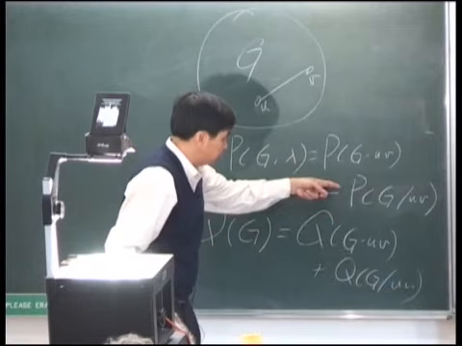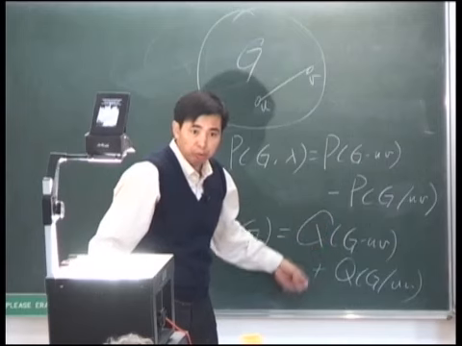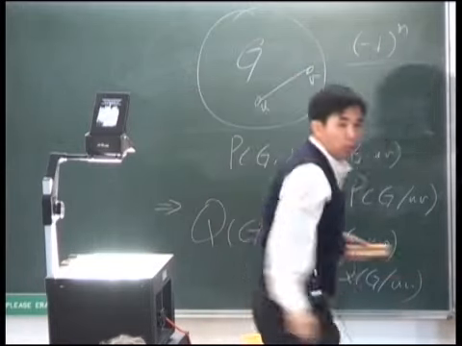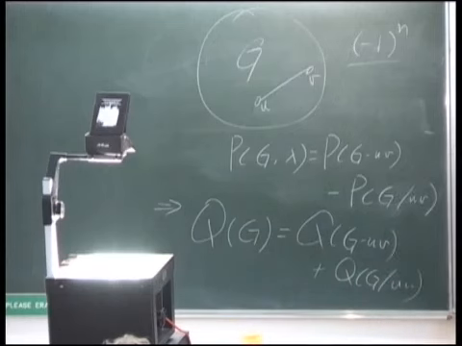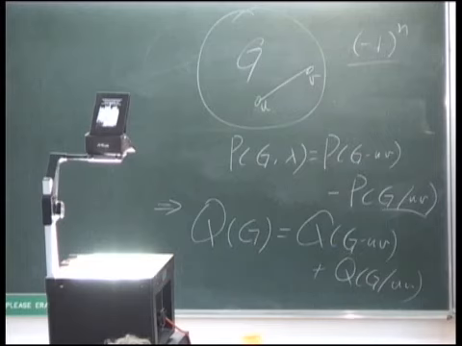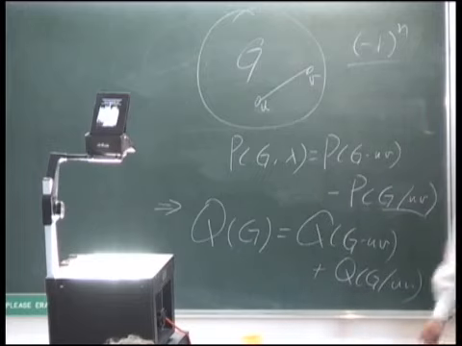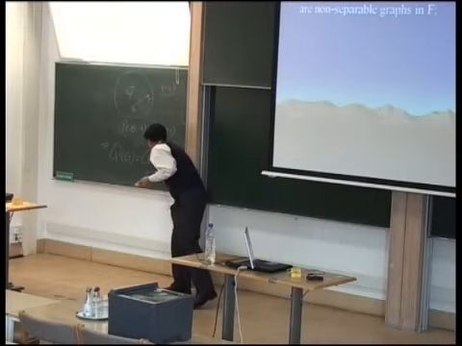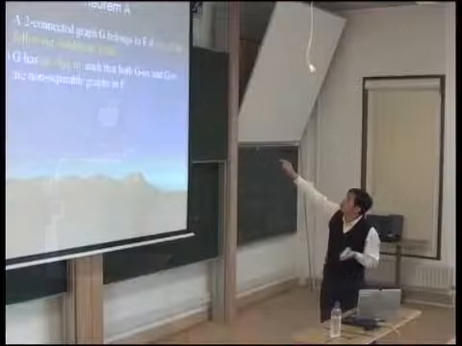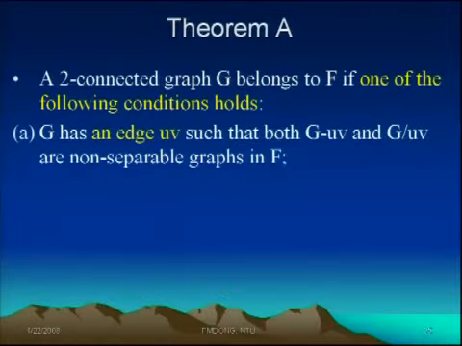The change of sign from minus to plus is very easy to understand, because in the function there is a sign -1 to the power n, n being the order, and G contract UV is just one less than the order of G. So it's easier to change the sign from minus to plus. Now both G minus UV and G contract UV belong to F, so both function values are positive and the sum is also positive. That's why if both G minus UV and G contract UV are non-separable graphs in F, then G must be in F.